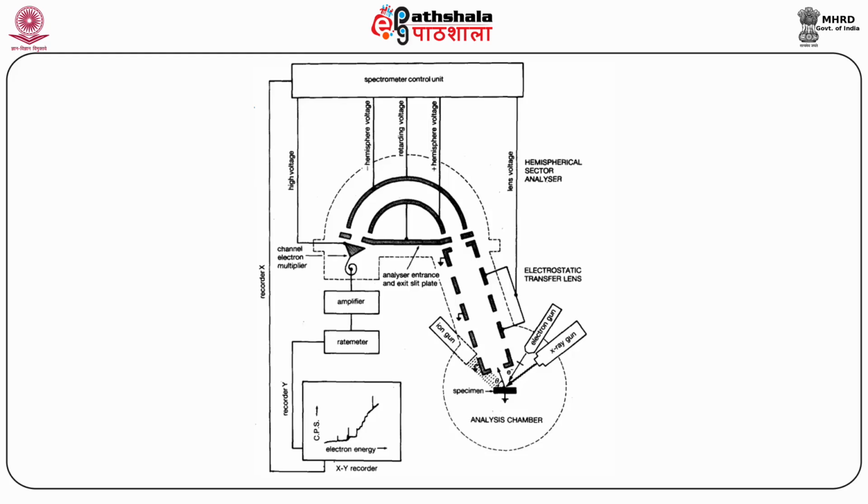Similarly, we have the channel electron multiplier, electrostatic transfer lens, analyzer entrance and exit slit plate, amplifier, then reflectometer, and finally we come down to the graph, which is plotted on an XY recorder. This is how it looks, as shown in this slide.